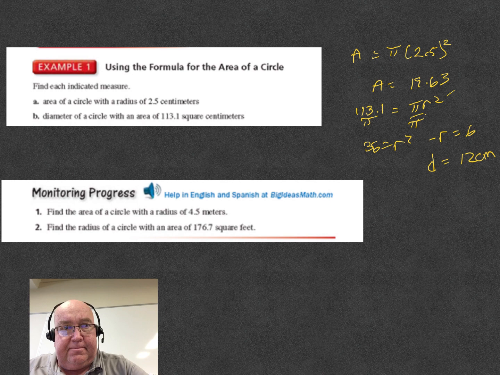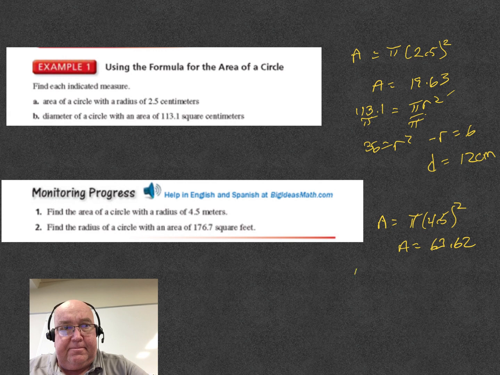So we want to find the area of a circle with a radius of 4.5 meters. So area is going to be equal to pi 4.5 squared. And that is going to be about 63.62. We want to find the radius of a circle.